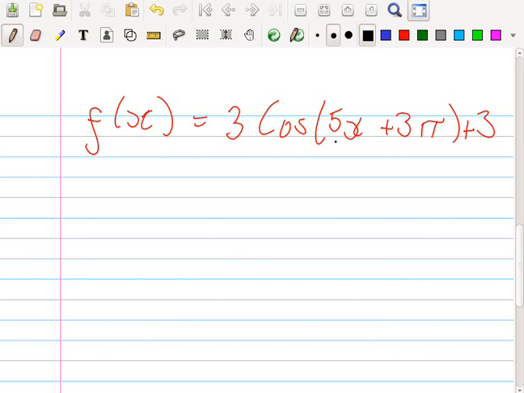So we want a domain. So cosine. What shape does cosine make? Well, we know it goes top, down, and then it goes back up. We only want this piece, the top to the bottom, because it's in this piece that it's 1 to 1. So what's the angle here at the start? 0.